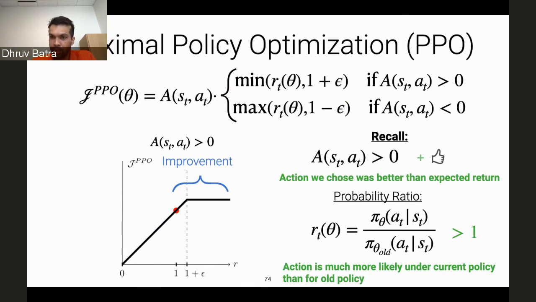This makes sure pi theta for this action doesn't continue to just improve as you take steps in the direction of that gradient. That's the role clipping is playing. Joanne has shown that on this slide for the positive advantage case. On the next slide, she'll show it for the negative advantage case.